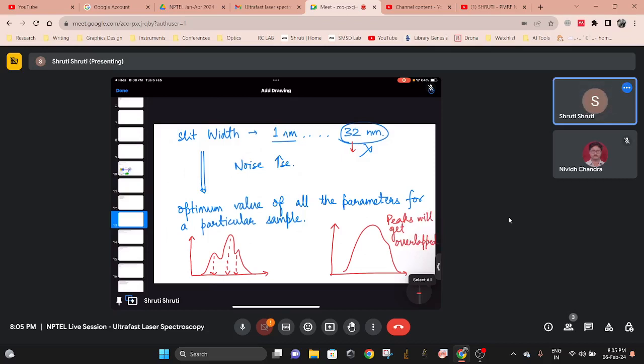So we generally try to keep the slit width around 5 nanometer or lesser than that.